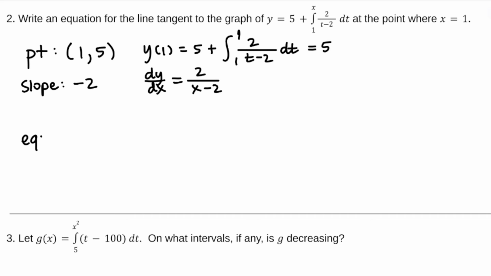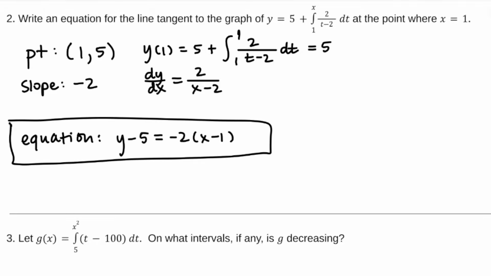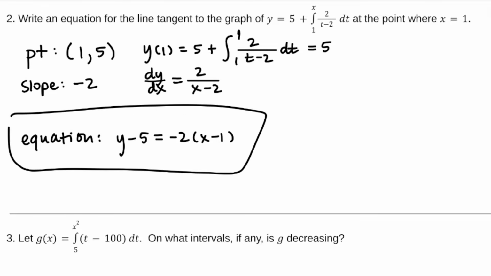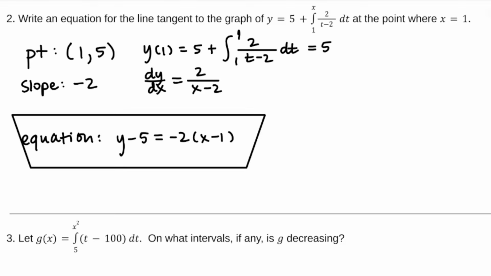So my equation is going to be y minus 5 is negative 2 times x minus 1. Okay, that's not what I was going for, but it'll work.